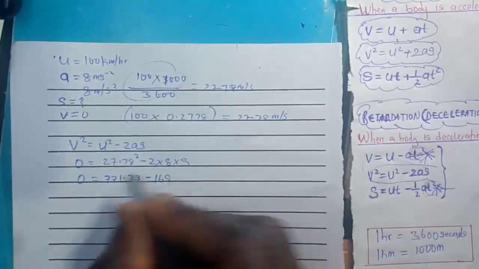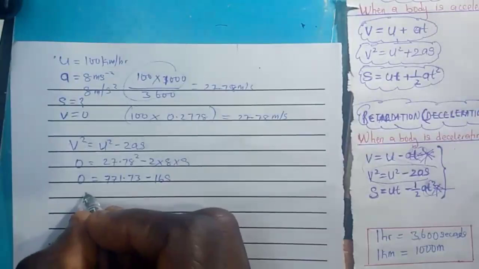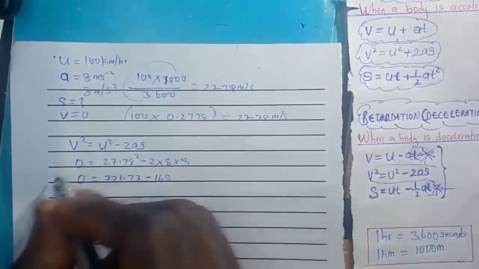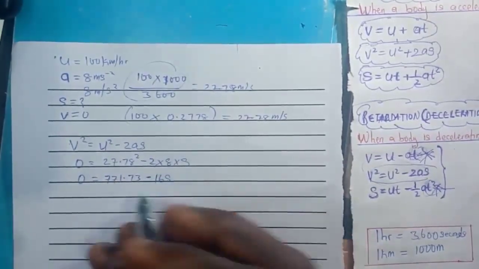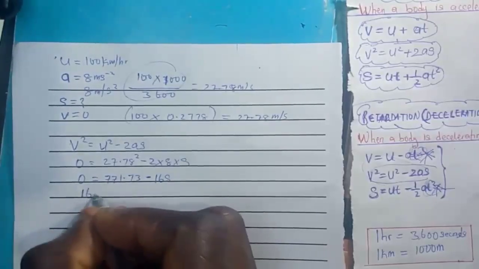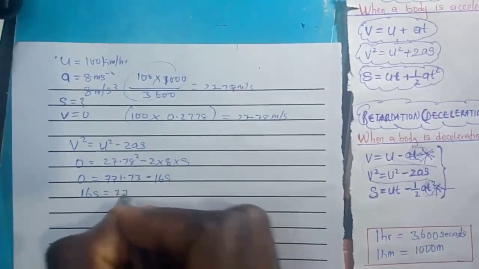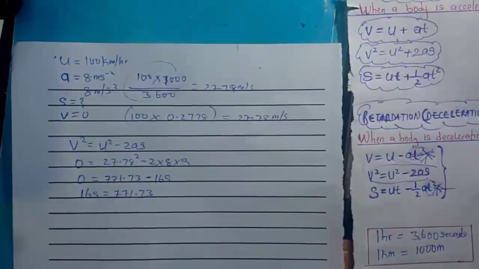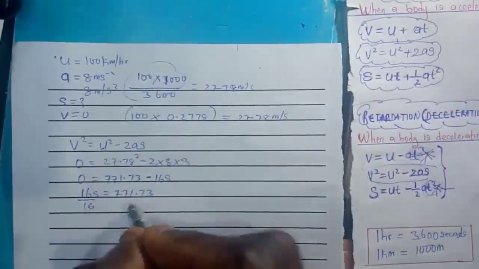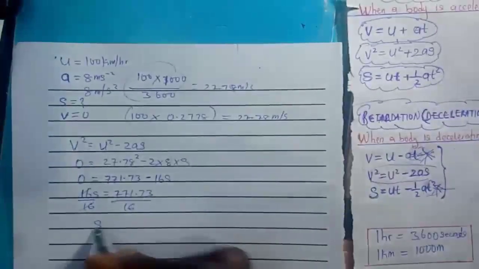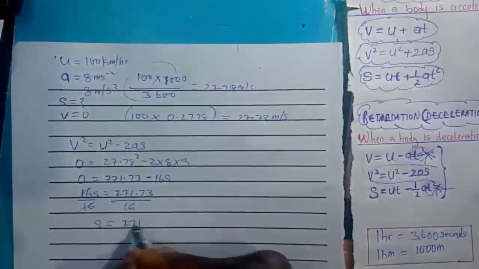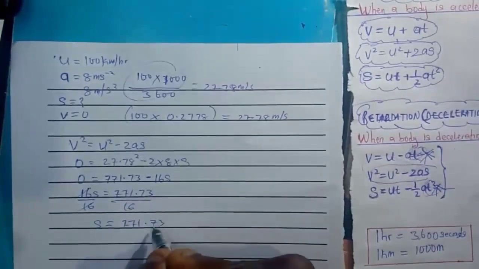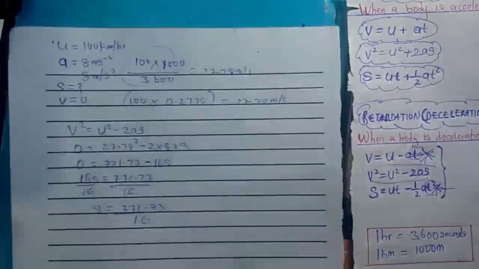What we need to do is to rewrite the equation. If you take this to the other side, the negative sign will change to positive, so we have 16x is equal to 771.73. What we need to do here is to divide through by 16. So we are left with 771.73 all over 16.